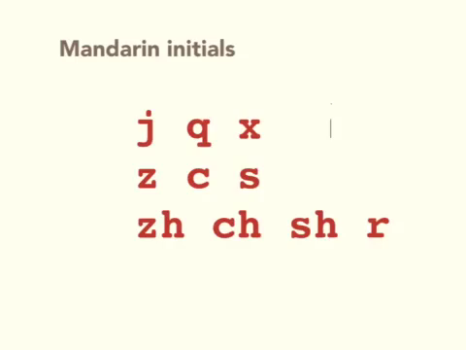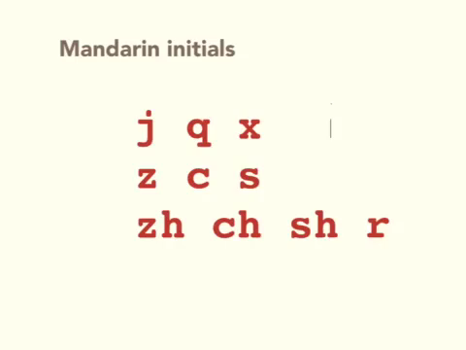The Q here is a pretty peculiar sound. Qi, qi. It's kind of like the J, but it has no voice to it, so there's no vibration in the vocal cords. It's more of an aspirated sound. And then xi, xi.